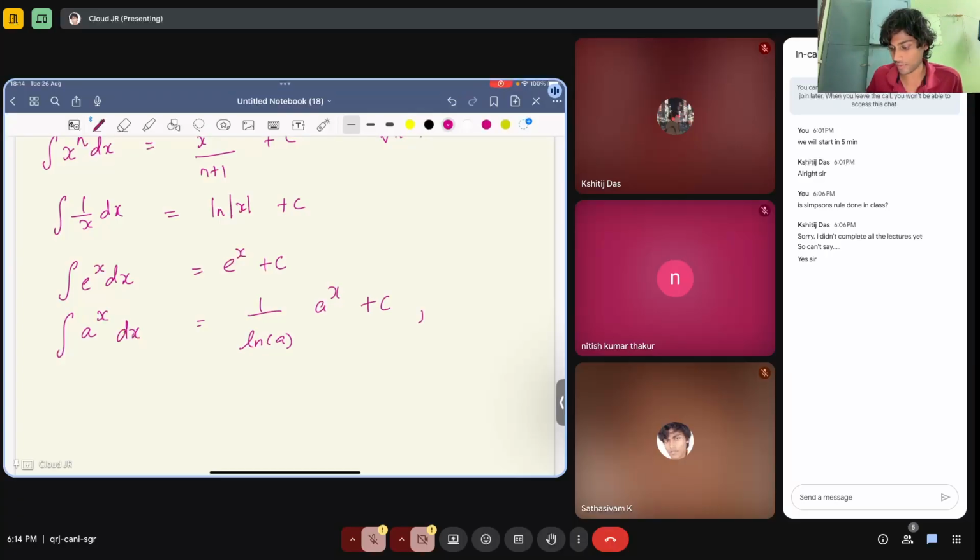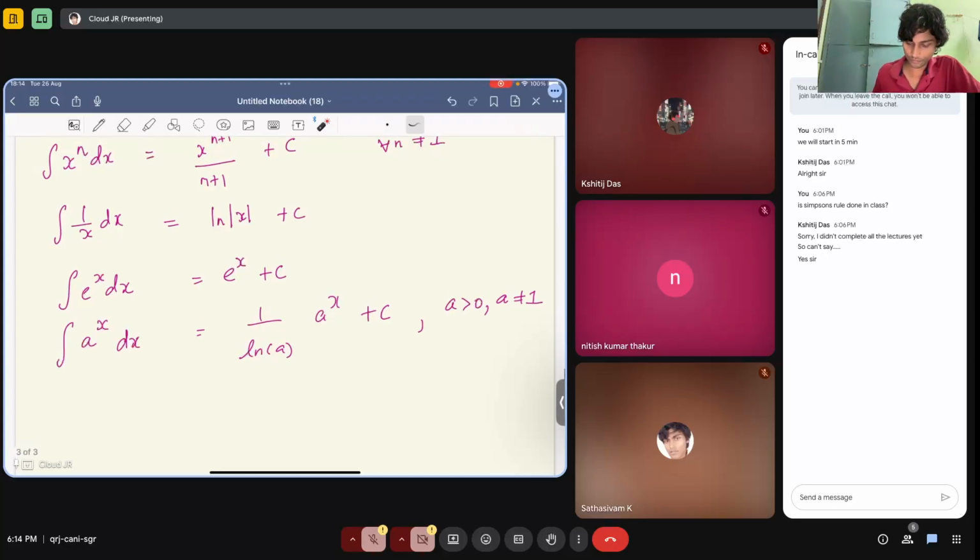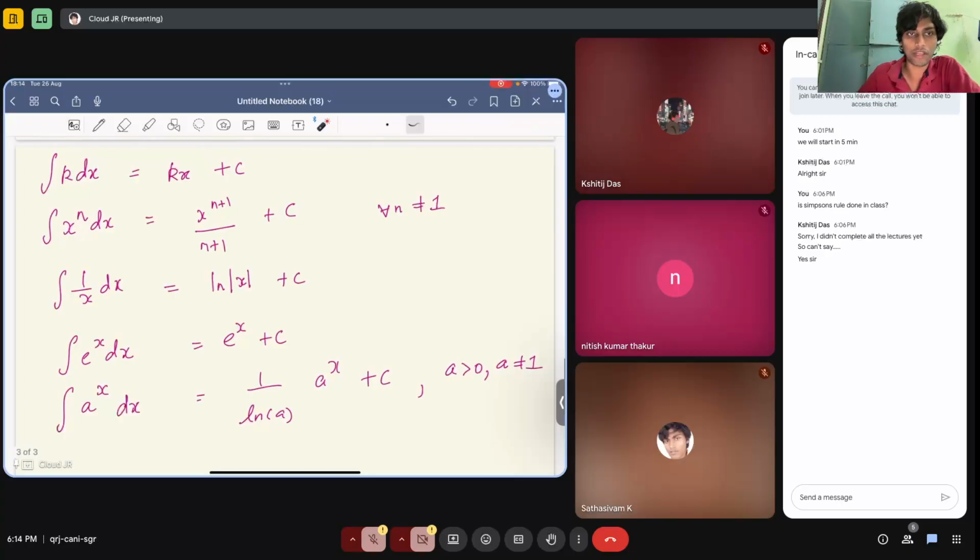So this is true for all a greater than 0, and a has to be not equal to 1. Okay? Because 1 power x is 1, and this does not make sense. Okay.